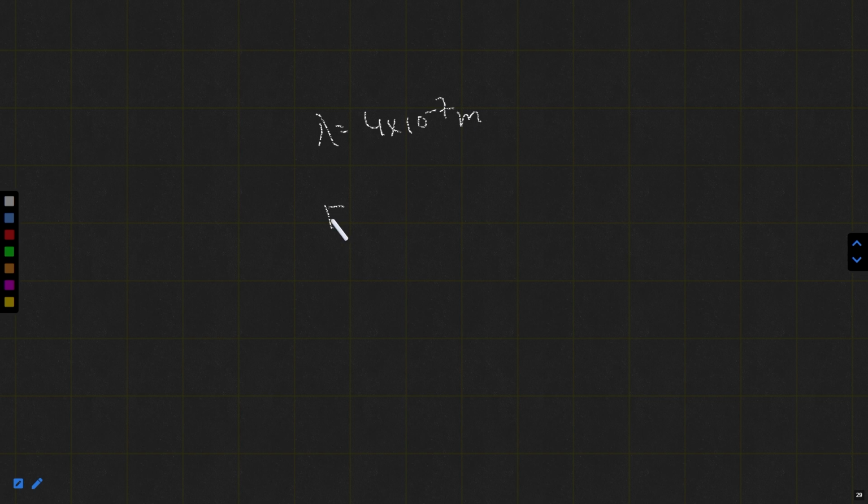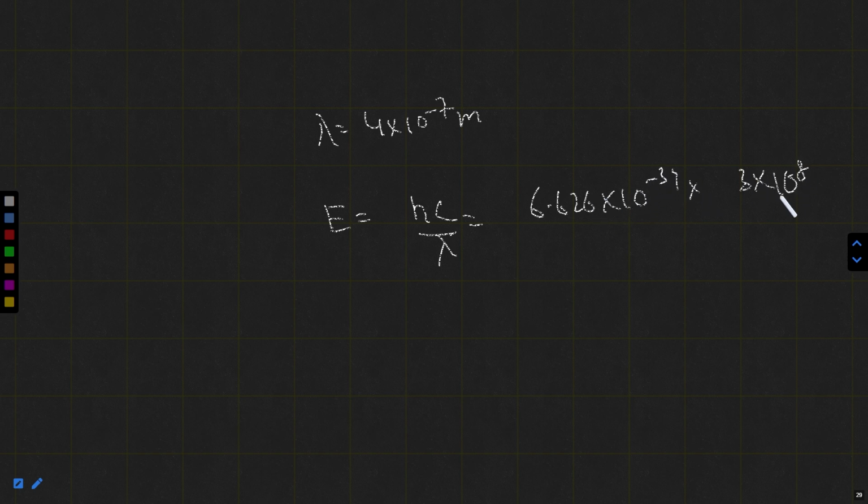So first we will calculate energy, that will be h c by lambda. 6.626 into 10 to the power minus 34 multiplied by 3 into 10 to the power 8 divided by 4 into 10 to the power minus 7. When you calculate it, how much will you get? It will give us 10 to the power minus 4 if you remove it. 4 1 is 4, 4 6 is 24, again 2 remain, 4 5 is 20.